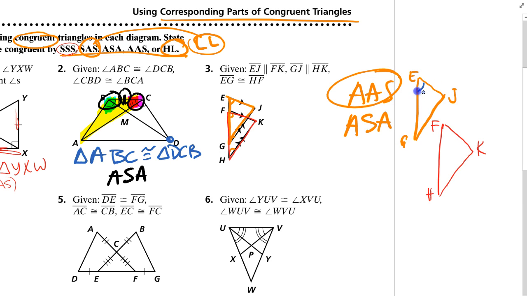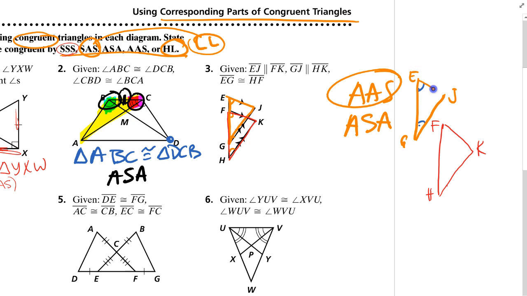Well, if I had angle, angle, side, then I'd have to do this angle, and then I'd have to know something about this side. Well, I don't know if I can see that right off the bat.